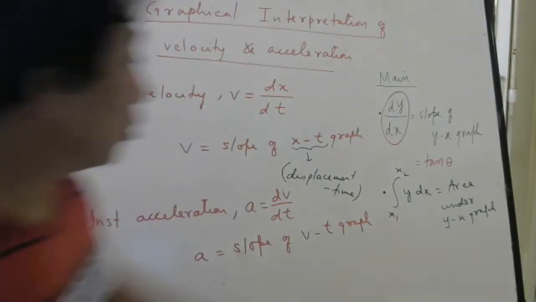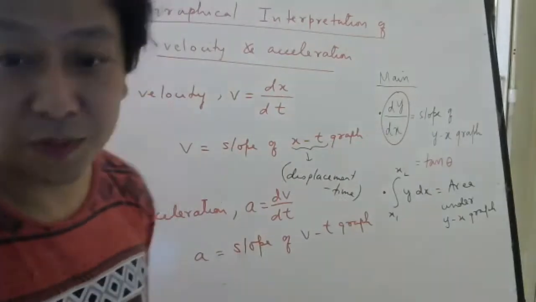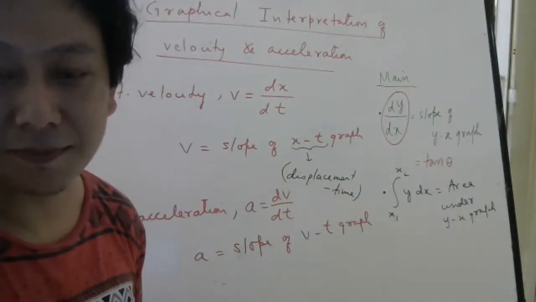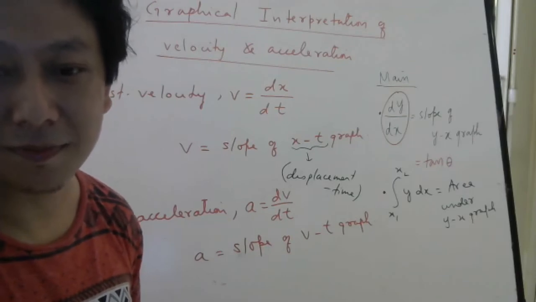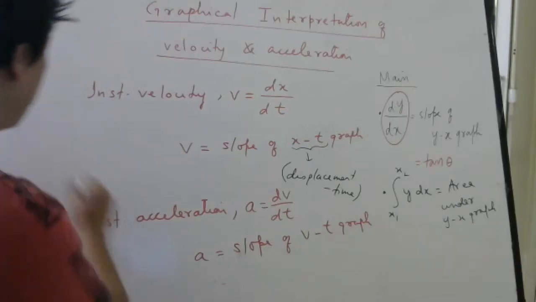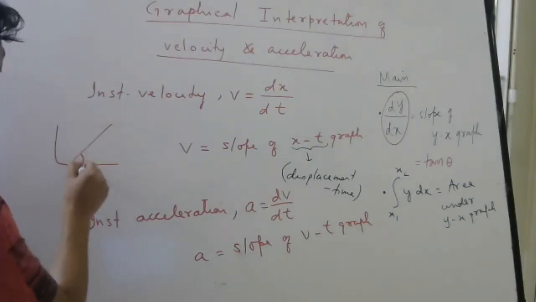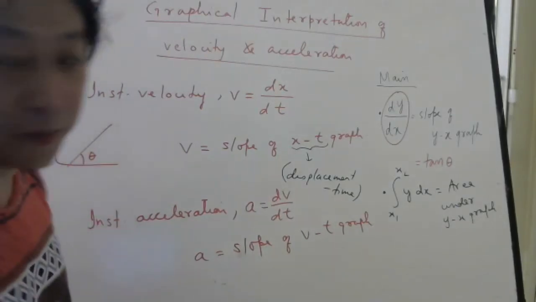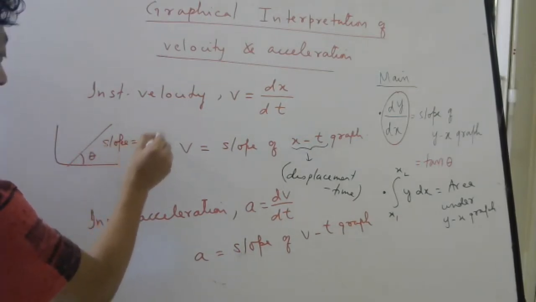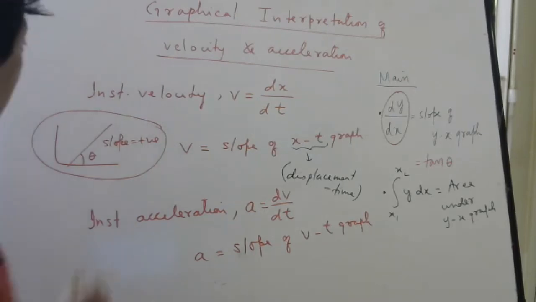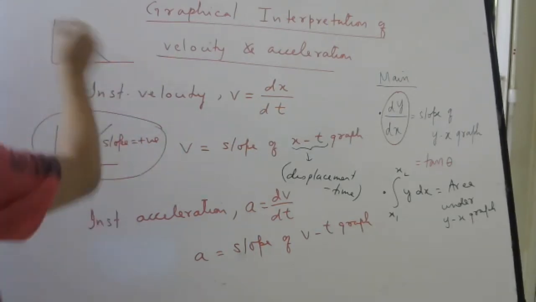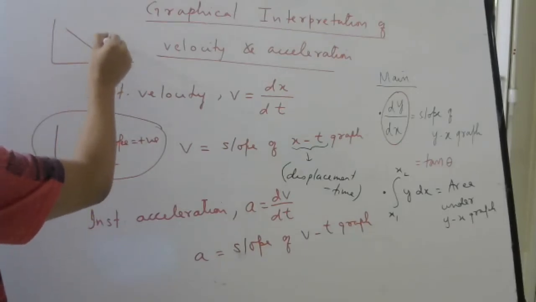Can slope be positive? Can slope be negative? Yes. Slope is positive for acute angle. So if your tangent looks like this, your tan theta will be positive. So slope will be positive. And if your tangent looks like this, then your theta will be obtuse.